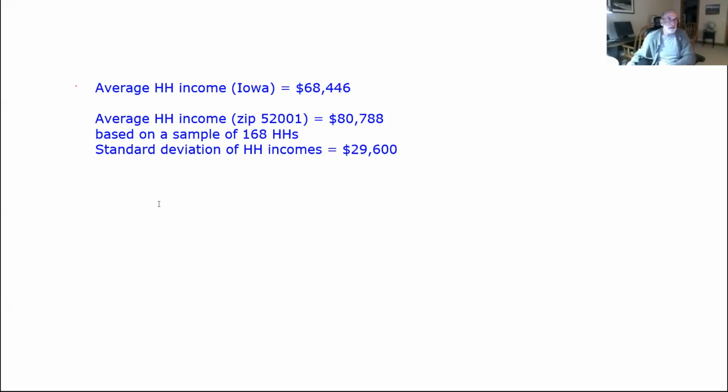According to the central limit theorem, we should be able to say something about the true mean of household incomes in zip code 52001.